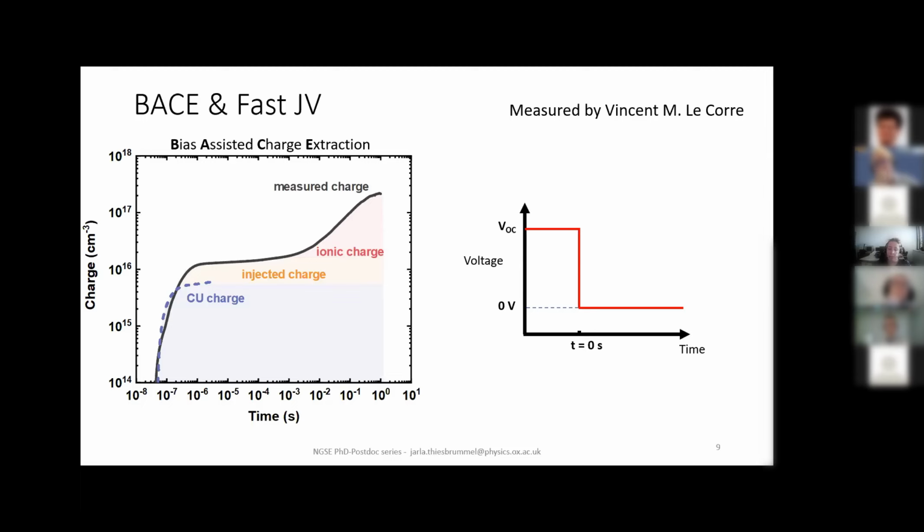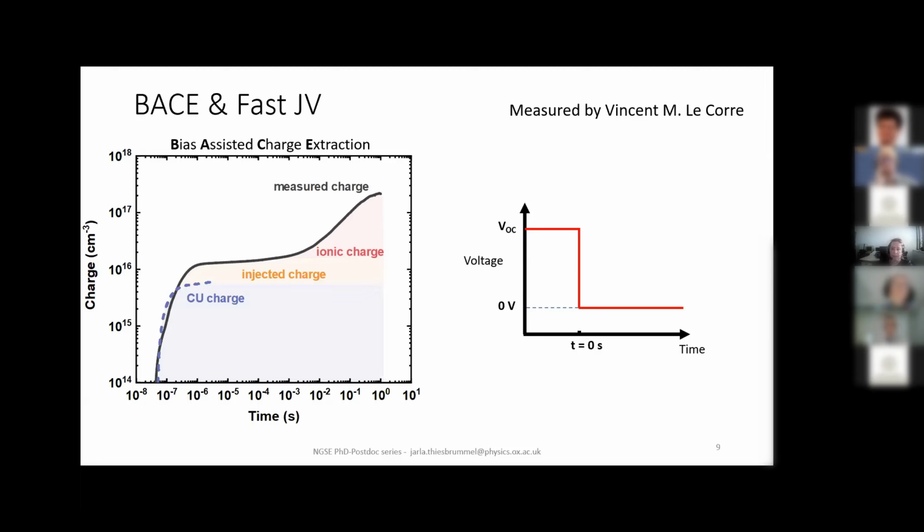What we do there is we have our device in the dark, and we first bias it at VOC, and then we switch to 0 volts. And we just measure the current that comes out after we switch to 0 volts. The results are displayed here on the left. And what you can see is that as soon as we go to 0 volts, we have some extraction, some current coming out at very fast time scales, so at 10 to the -7.